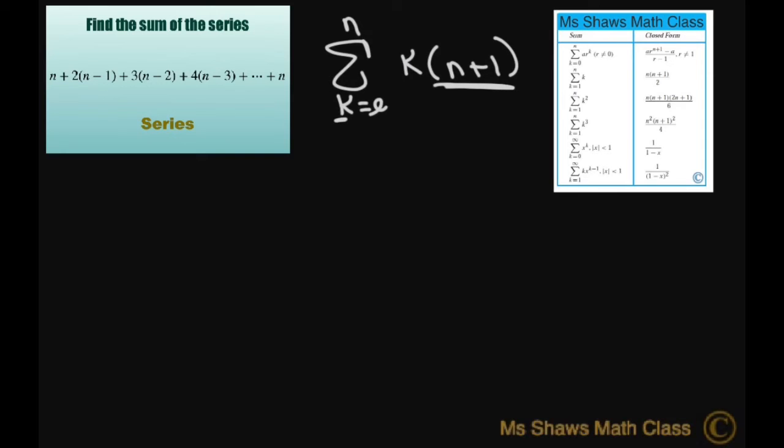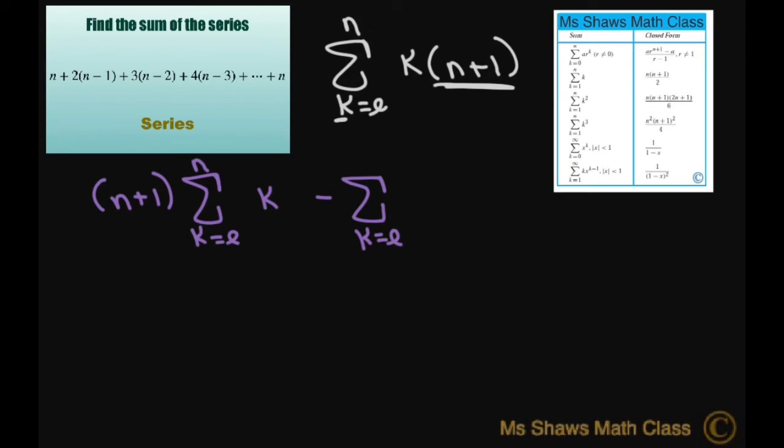So I'm going to write this as n plus 1 times the sum from k equals 1 to n of k. And the last one was just k squared, so that's going to be the sum from k equals 1 to n of k squared.